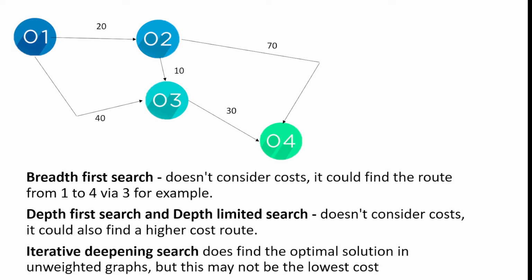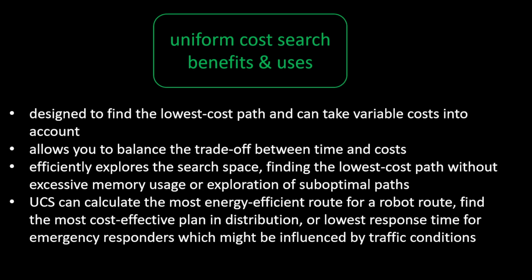So that's quite unique because in this example we have this cost related to the different paths. So we can take in different types of cost into this algorithm, and even if there's a trade-off between time and cost, we can allocate that inside the algorithm and it will find the lowest cost path without too much memory.